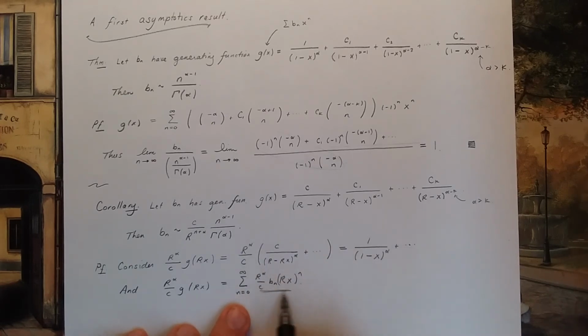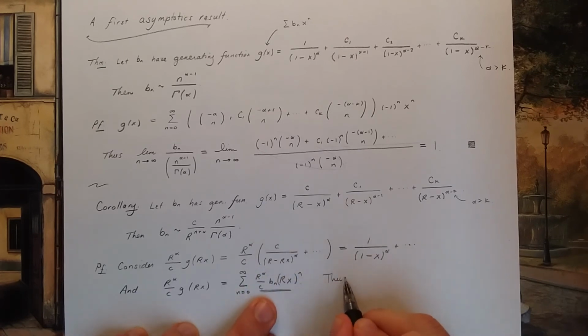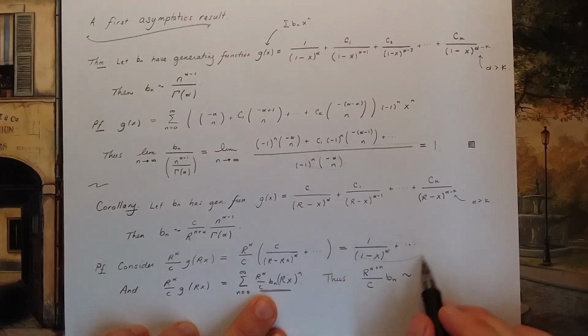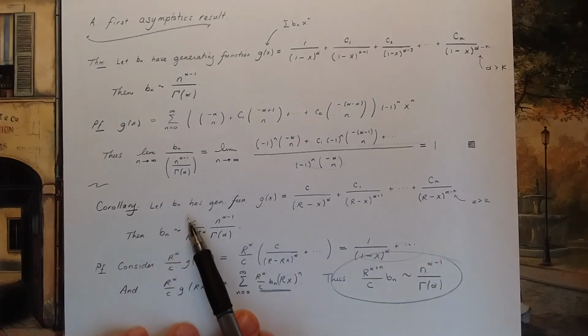So the coefficient in this series is r to the alpha plus n, I get an extra n here, divided by c, times b_n, and that should be asymptotic to the coefficient of x to the n in this larger expression, which we can get from the previous theorem. So that is equal to n to the alpha minus 1 over gamma alpha. So you could take this result and just divide by the term in front, and you achieve the corollary.